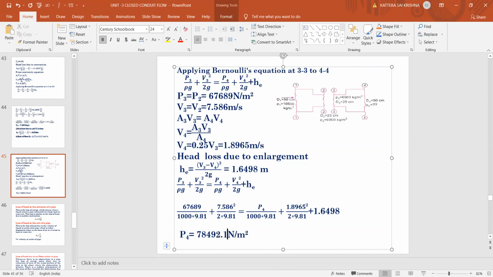Right. Okay. So this is the final pressure in the pipe after enlargement at section 4. Yes, you can copy this now. If you have completed this, you can inform me.